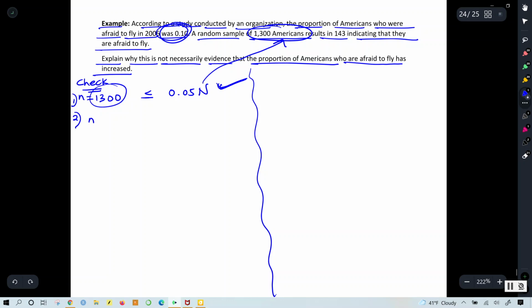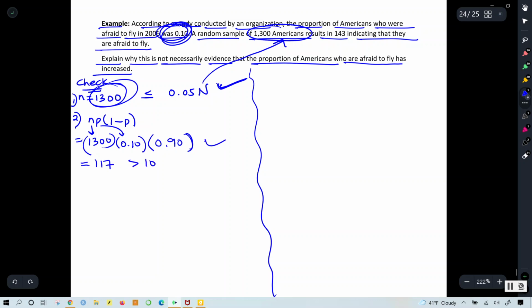Condition 2, we need to check if N times P times 1 minus P is greater than 10. N in this case is 1,300. The hypothesized population proportion is 10%, and then 1 minus 10% is exactly 90%, or 0.90. This will be equal to 117, which is definitely greater than 10.